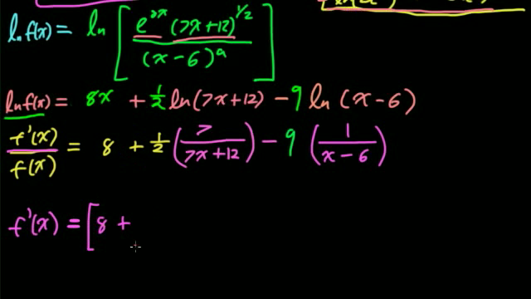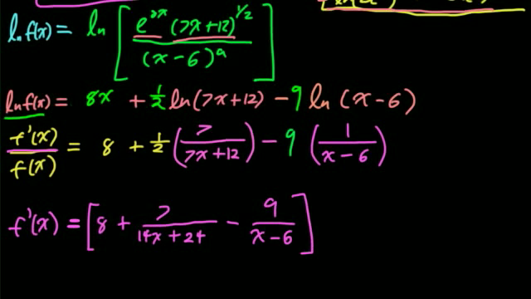We've got 7, and we can multiply this 2 into our denominator, right? So we have 7 divided by 14x, plus, what's 2 times 12? That's 24, right? So 7 divided by 14x plus 24. And then we can also write this 9 as our new numerator, because 9 times 1 is just 9. So minus 9 divided by x minus 6.